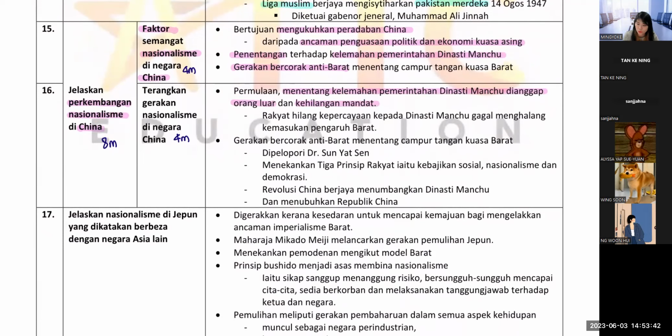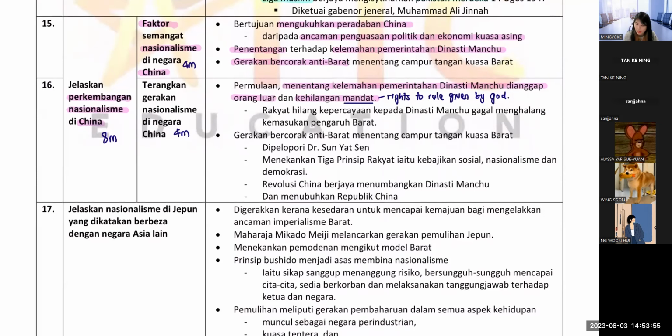Mandate means the right to rule, you know. The right to rule given by God. And therefore, citizens lose their trust towards Dynasty Manchu because he failed to prevent the West from coming in.